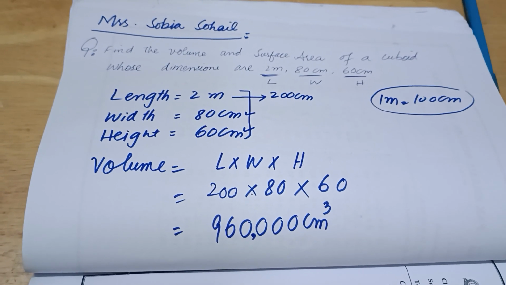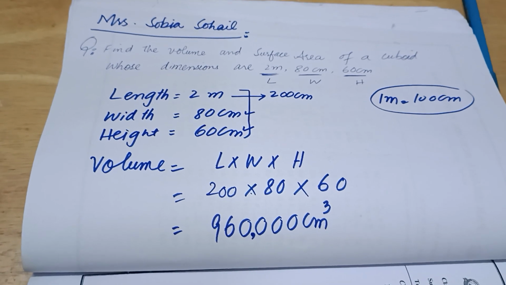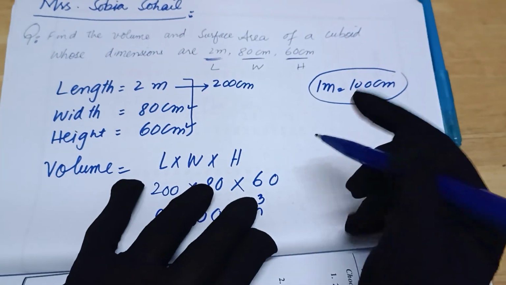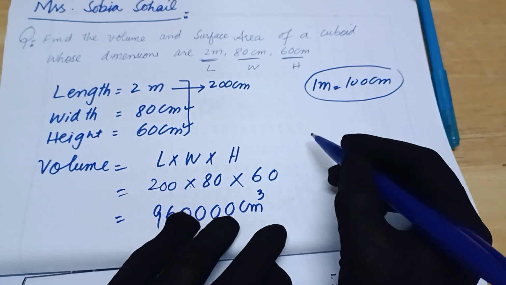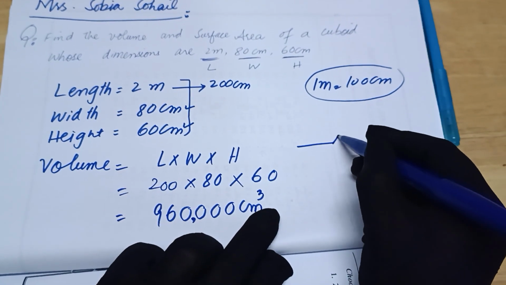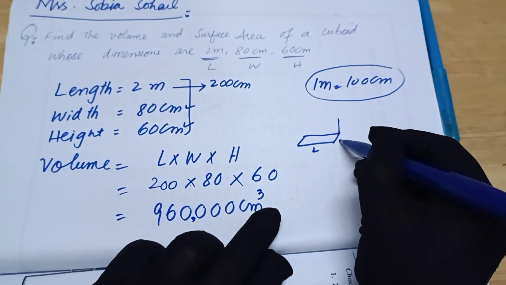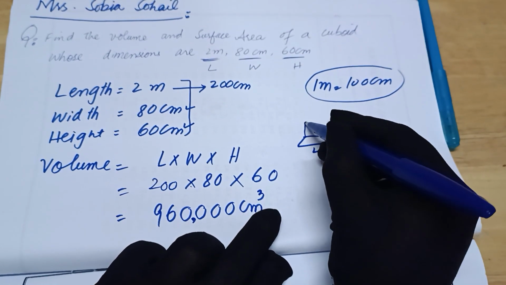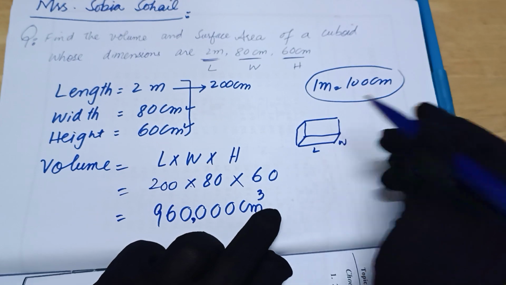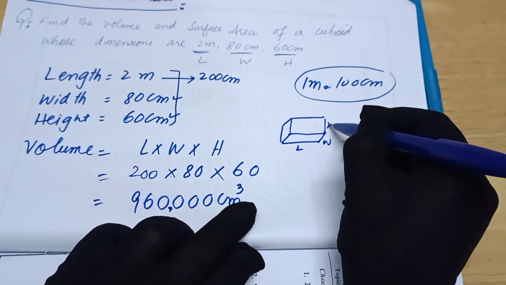So the volume of this cuboid is this one: length, width, and height. You can suppose this was the cuboid.